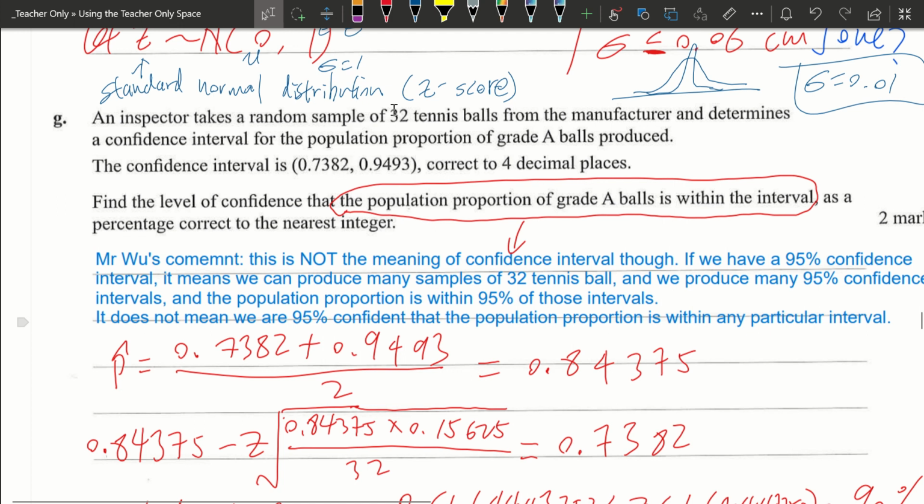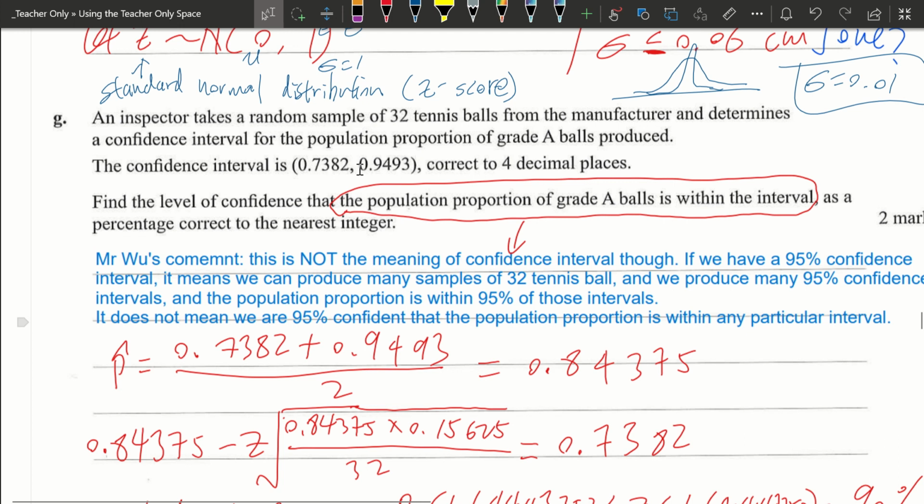You pick 32 tennis balls, you get a sample proportion, and you get a confidence interval, and you put that away. You write them down, you put it away. And then you do another 32 samples, and you get a different sample proportion, and you get a different confidence interval, and you put that away.